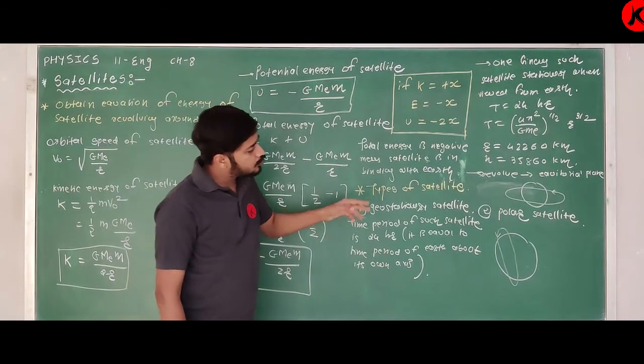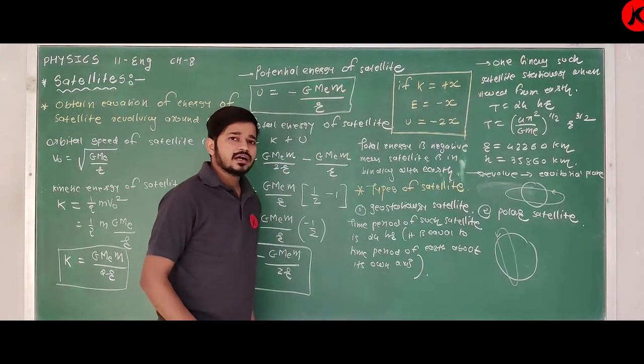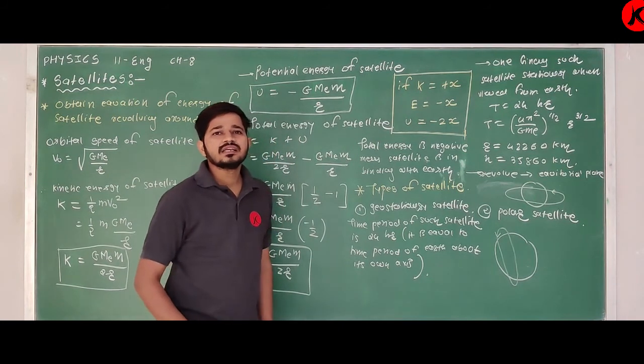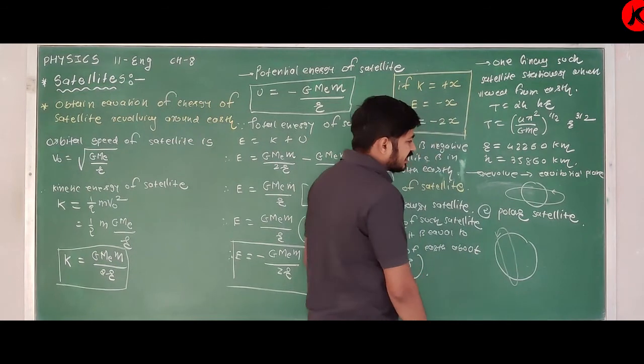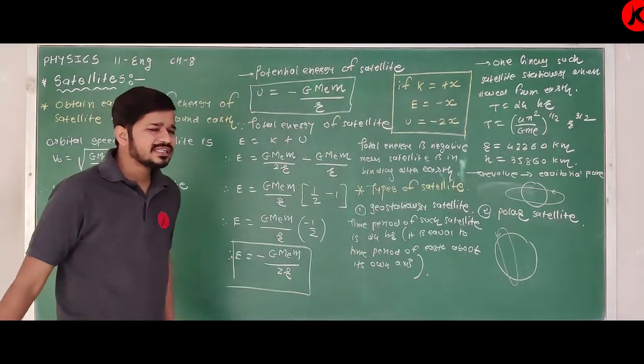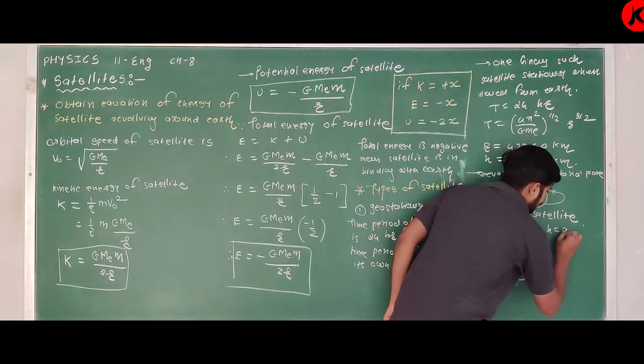Such polar satellites are placed at a height of nearly 800 kilometer above the surface.